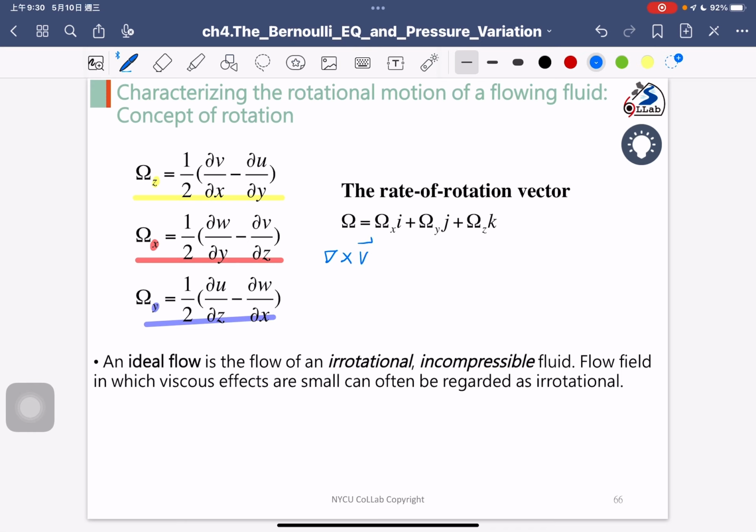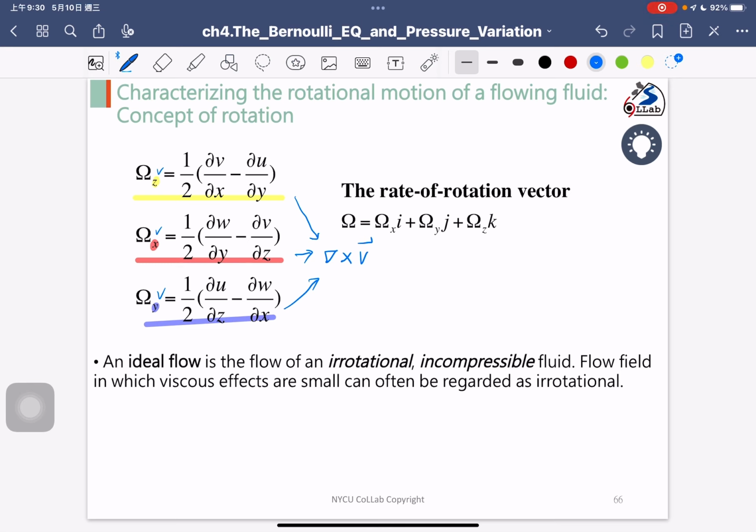It is similar to having different rotation axes, and it is equal to the spatial gradient crossed with the velocity vector. In the next slide, I will show why we use the cross operator, and we can define the rotation rate.